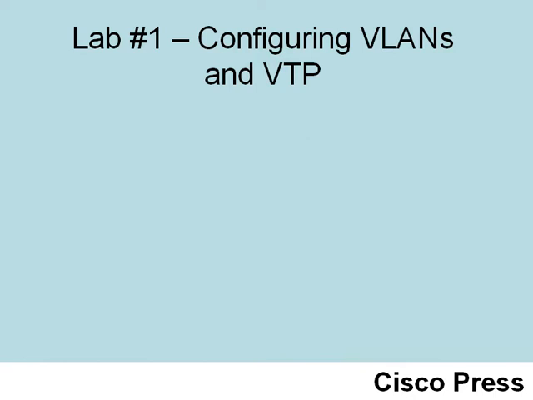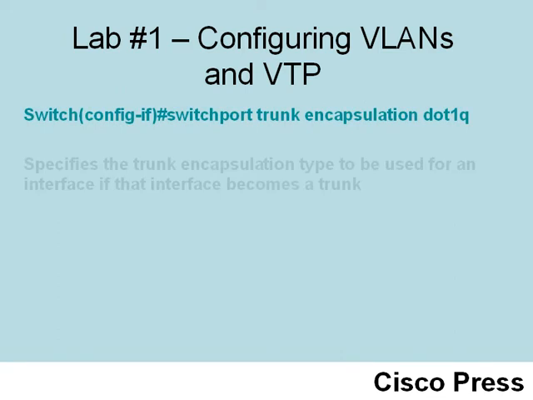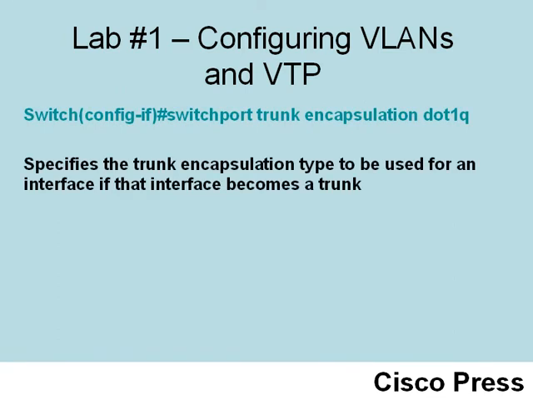Here's the syntax that's going to allow us to do that. In interface configuration mode, we're going to specify the encapsulation type. We're going to say switchport trunk encapsulation dot1q. But to be technically accurate, please realize that 802.1Q is not actually encapsulating the original frame. 802.1Q is adding 4 tag bytes inside the frame.